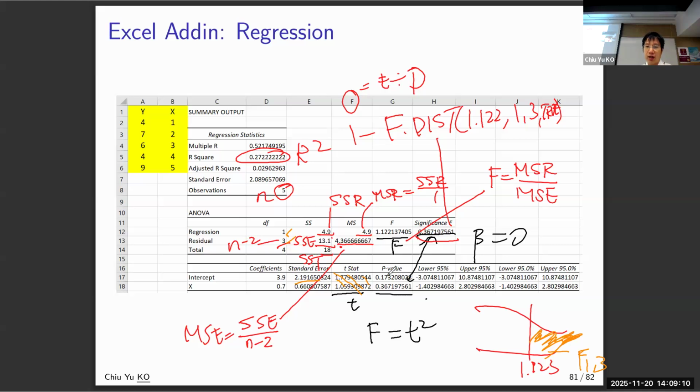If I don't give you the column G, then you can also tell me the Excel formula to calculate this number, right? And similarly, you can also calculate this. I give you enough data, right? I take out this number, you can calculate that. Same as F. If I take out anything, you should be able to calculate that, right? At least you can tell me the Excel function to calculate those.